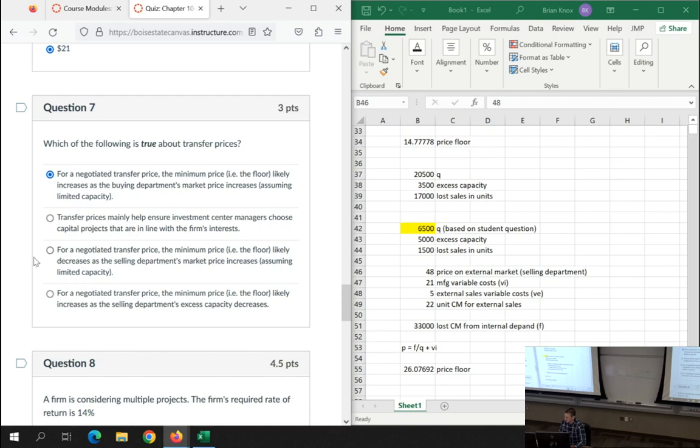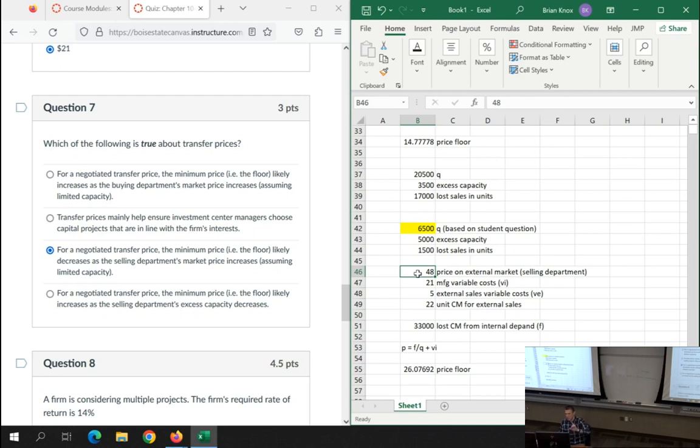See here, letter C. For a negotiated transfer price, the minimum price or floor likely decreases as the selling department's market price increases, assuming limited capacity. All right, so this is a possibility. So does the minimum floor, the P, go down as the market price increases?